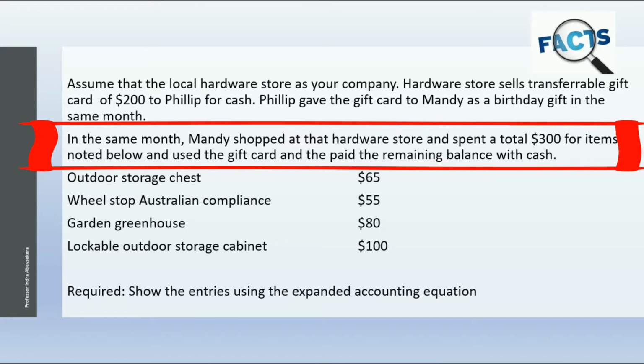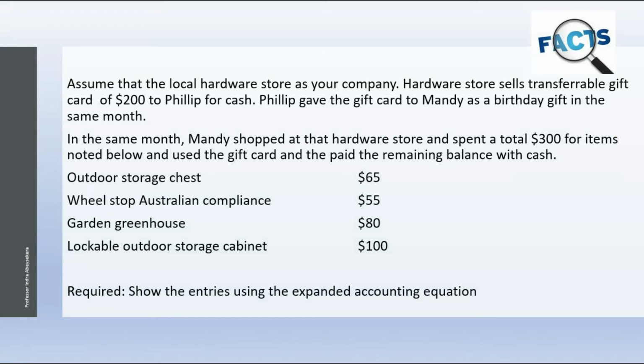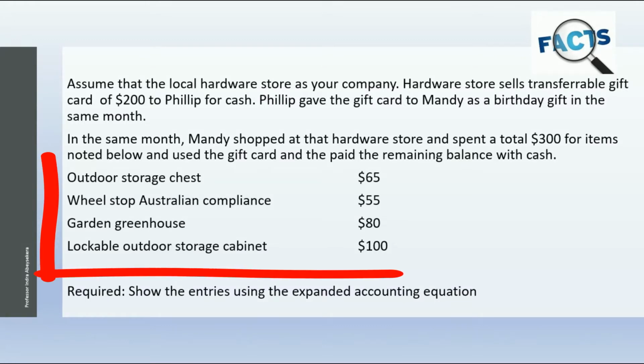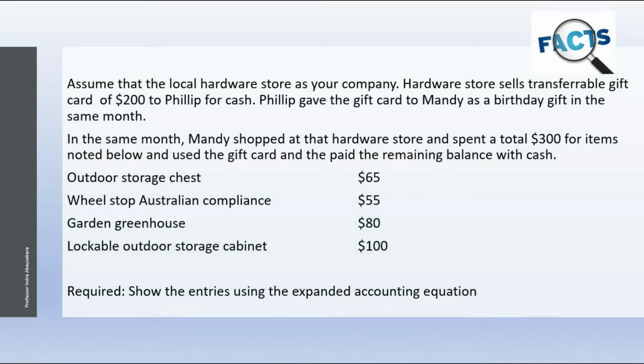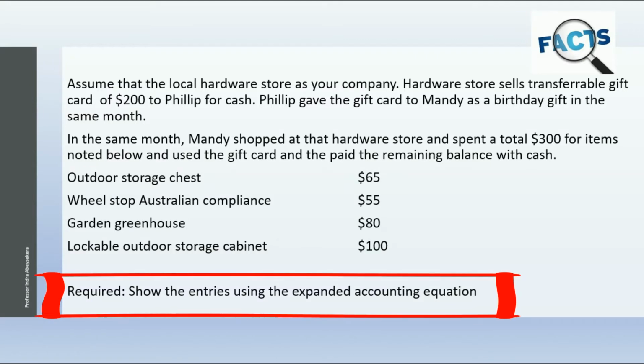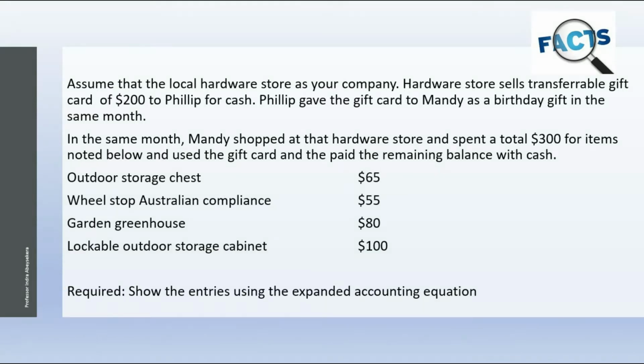The items sold to Mandy were: outdoor storage chest, wheel stop Australian compliance, garden greenhouse, lockable outdoor storage cabinet. We are required to show the entries using the expanded accounting equation.